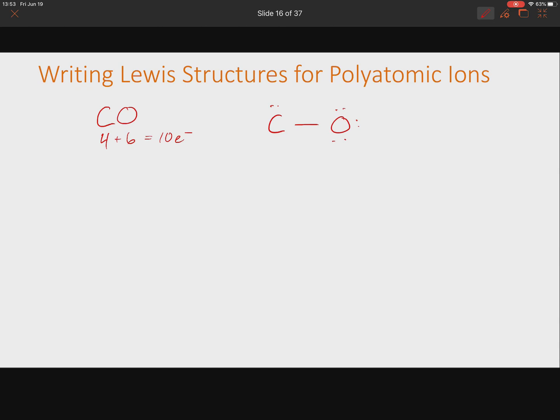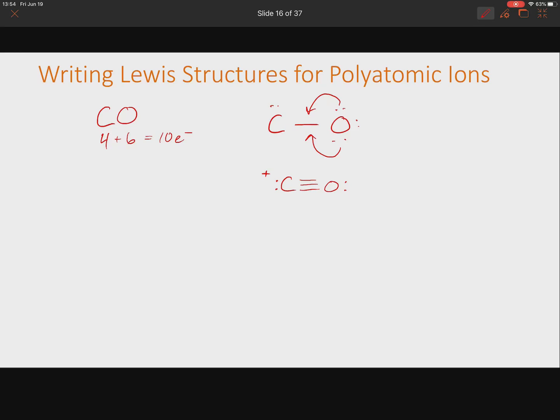That's clearly going to leave somebody without enough electrons, so perhaps we need to bring in a triple bond. And this is how we see carbon monoxide. And in this particular molecule, carbon has a positive charge.